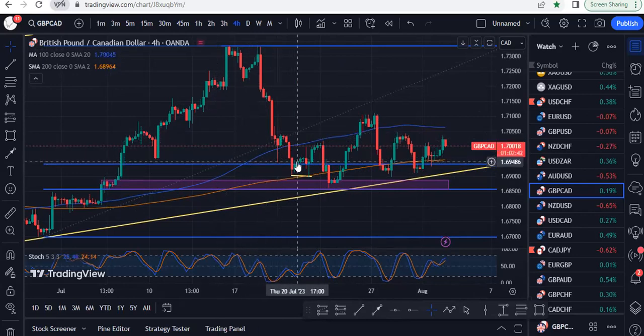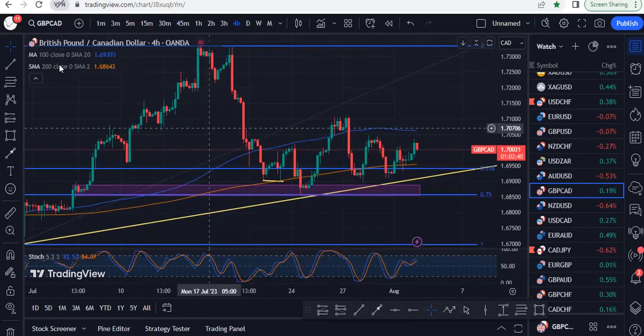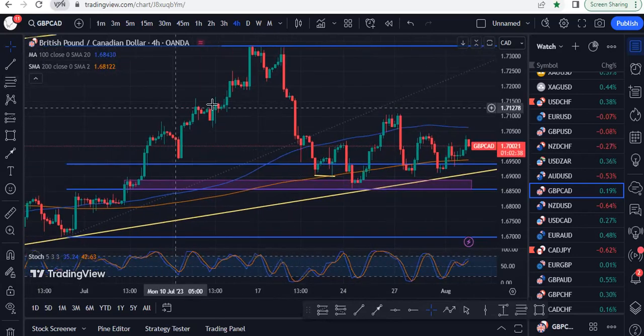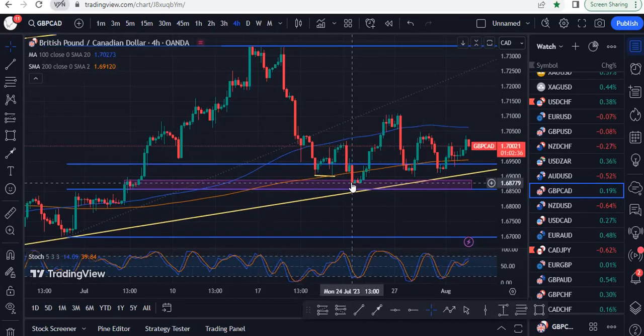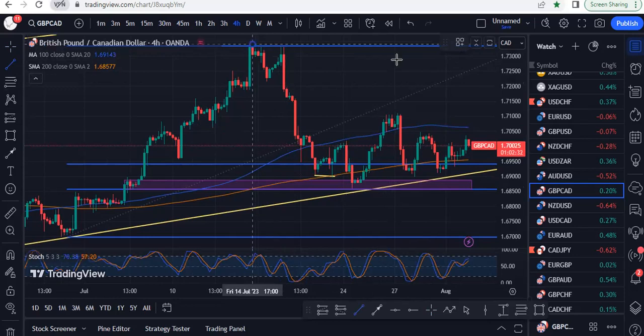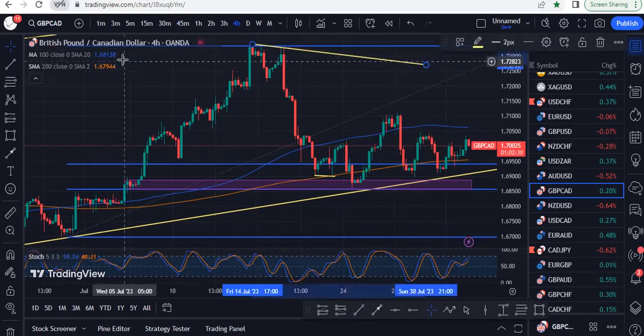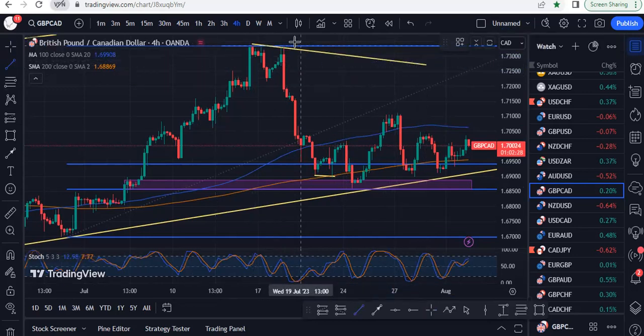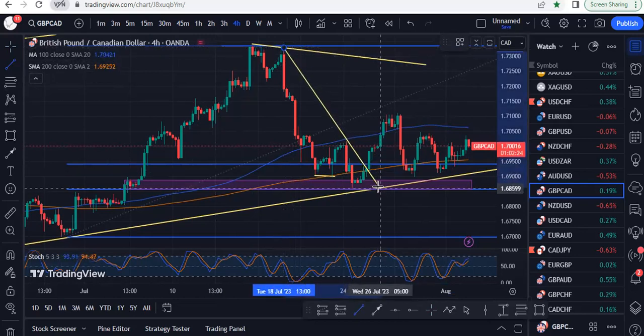We need a manipulation. So what happened? The market, after touching this zone, went up, and when it went up here, we have a footprint line, and here we can say this is our layer line.